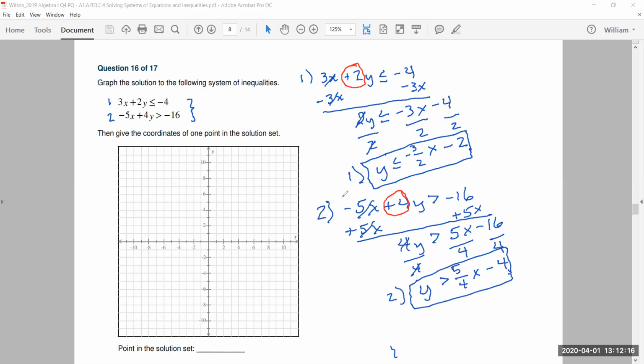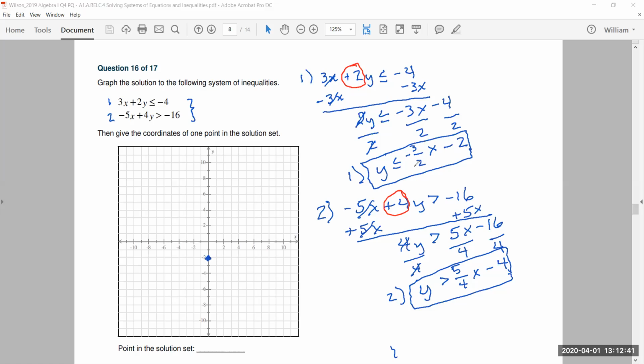So before we graph the inequality, we're going to graph this as if it were an equality. So just pretend for the moment that it's an equality. We have -2 as our y-intercept. So we go down here to -2.